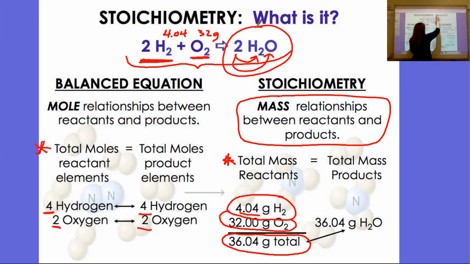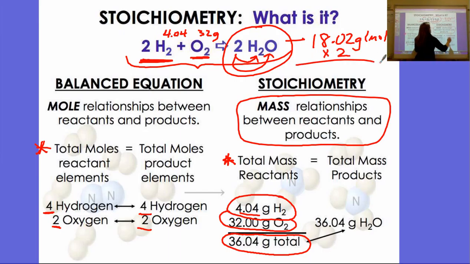If I check my grams on my product side, I know water is 18.02 grams per mole, according to the mass in the periodic table. I have 2 of them. That just proves that my mass on the left, on the reactant side, has to be the same as the mass on the product side on the right.